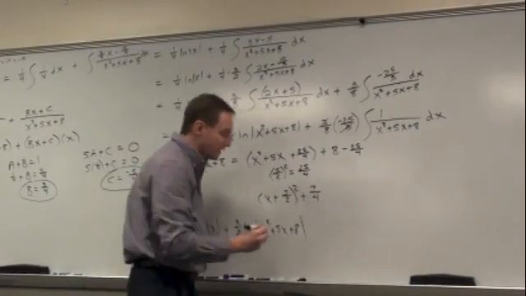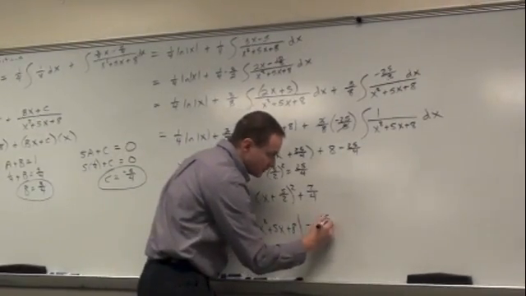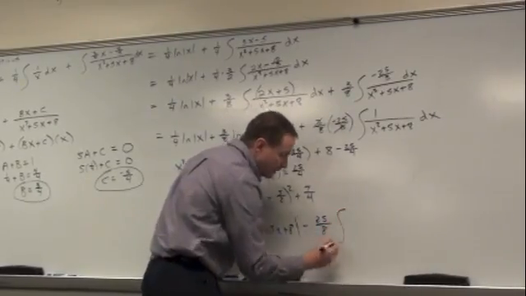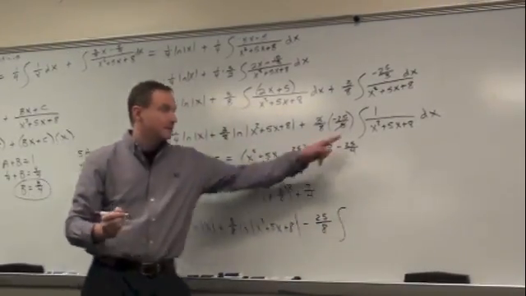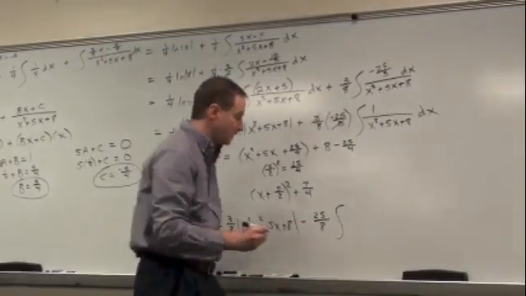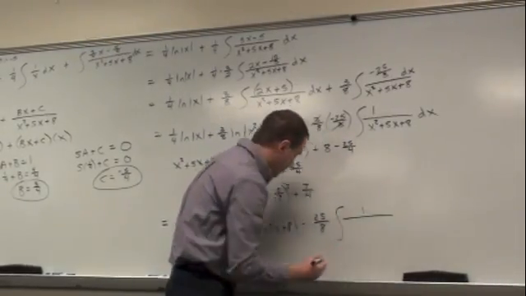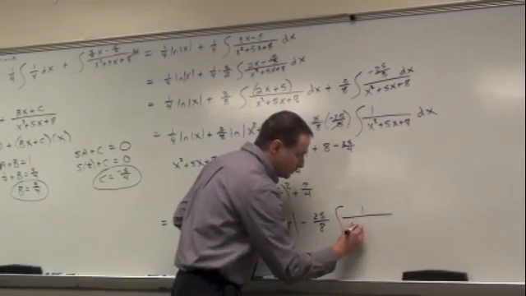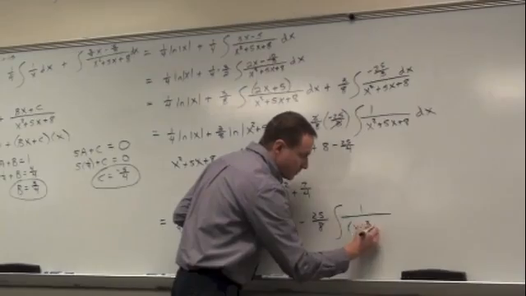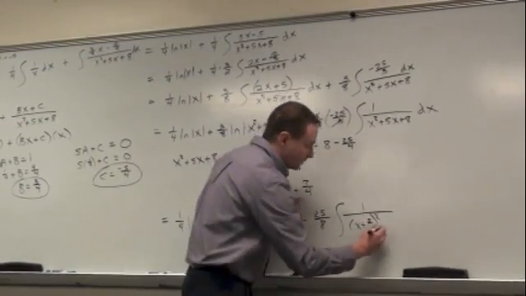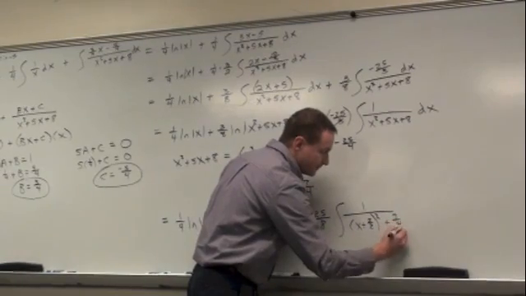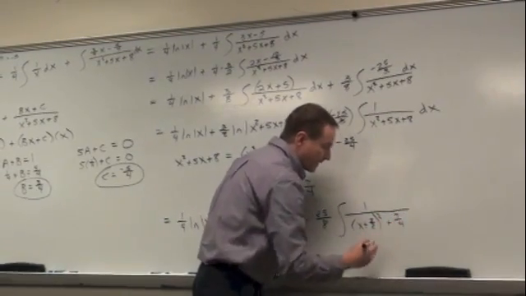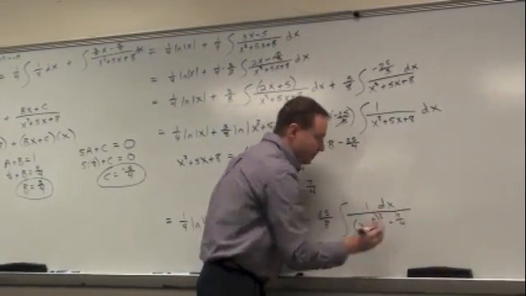Minus 25/8 on the integral. This needs to be put in there. And I'll say, what's the integral of 1 over x plus 5/2 squared plus 7/4? With respect to x, I'll put it up there.